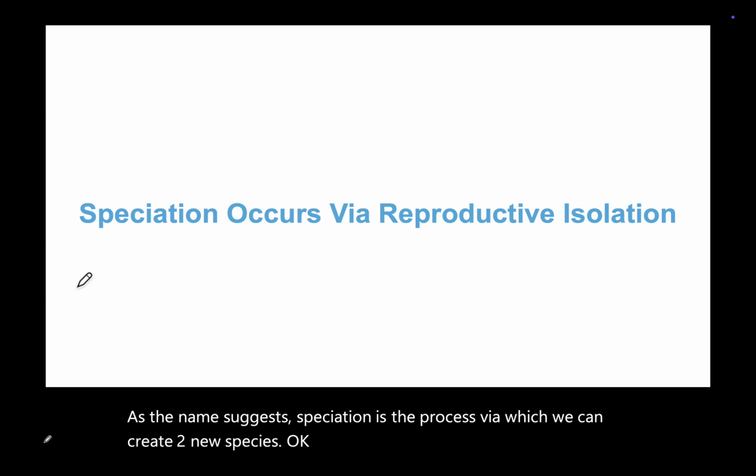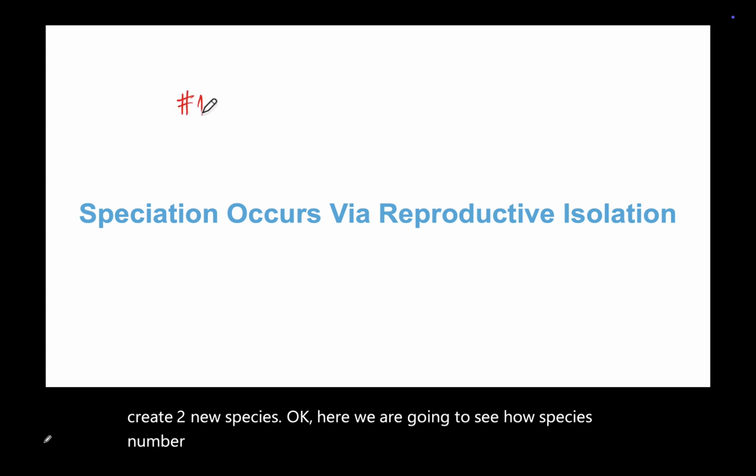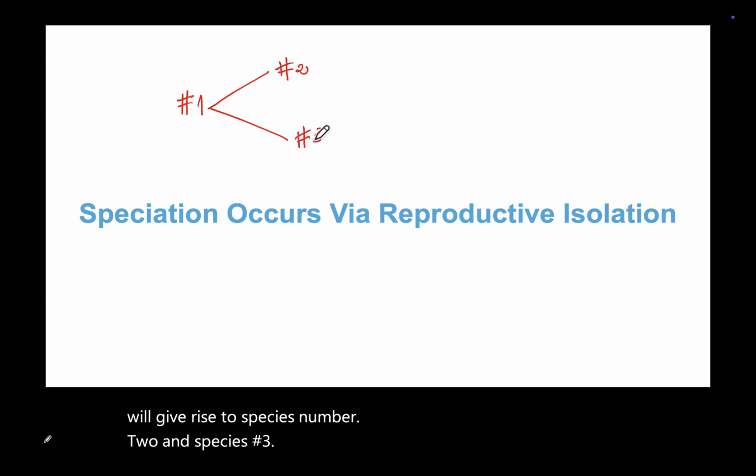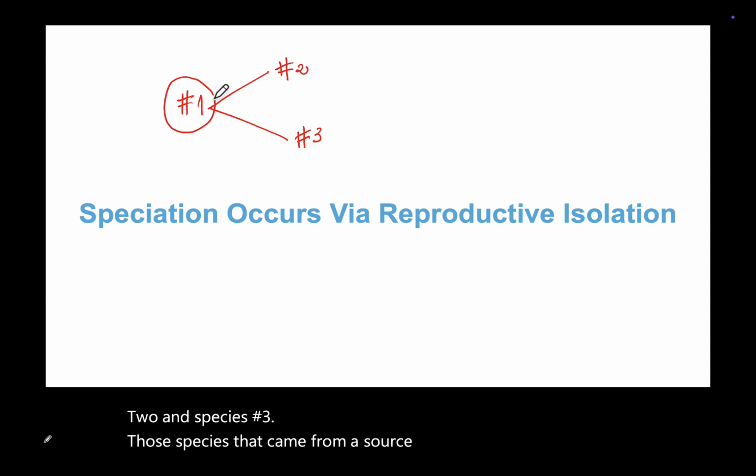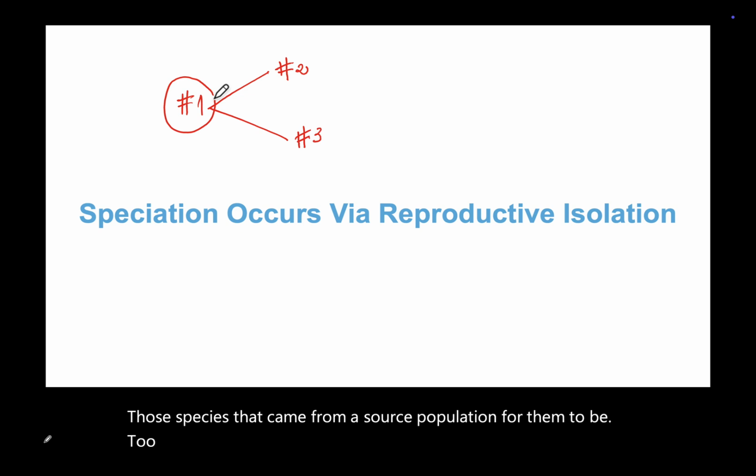Here we are going to see how species number 1 will give rise to species number 2 and species number 3.